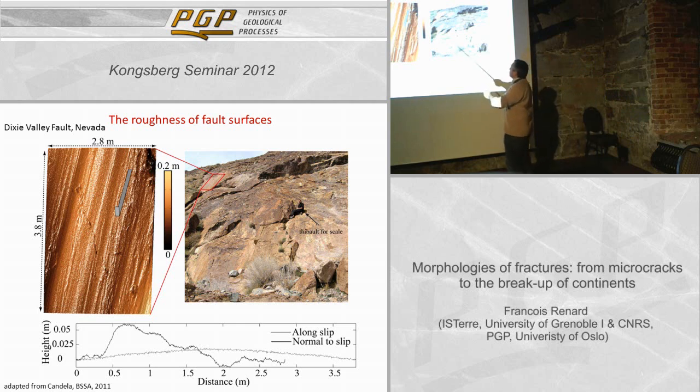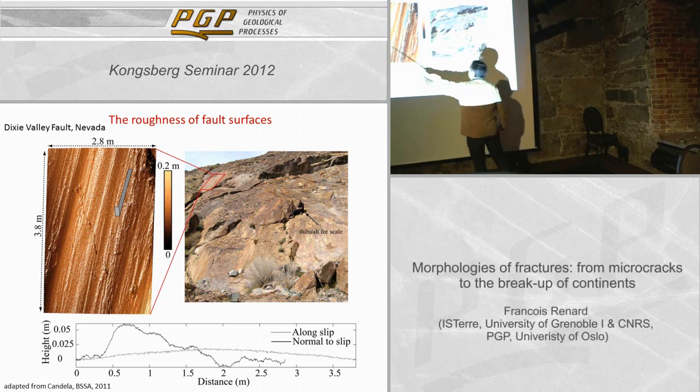With some recent tools called LIDAR, laser distance meter, it's possible now to measure the topography of this surface at a resolution of millimeter to several millimeters, and you can get some kind of 2D map of the surface, and from this map you can extract profiles. Here is a profile perpendicular to the direction of slip, and you see this kind of corrugation.